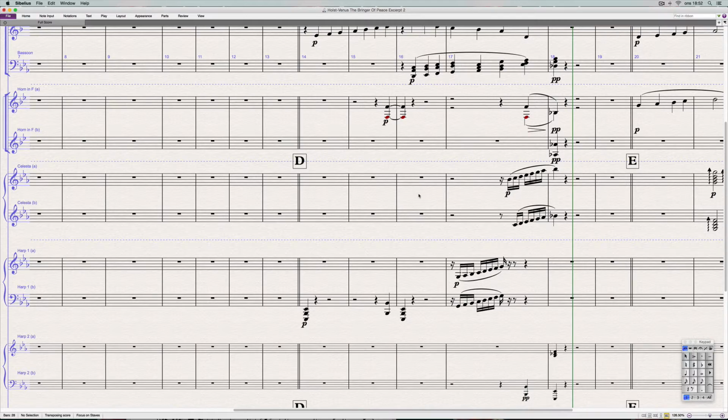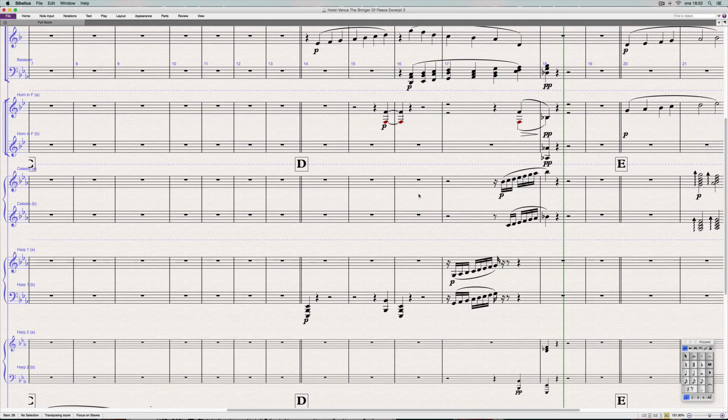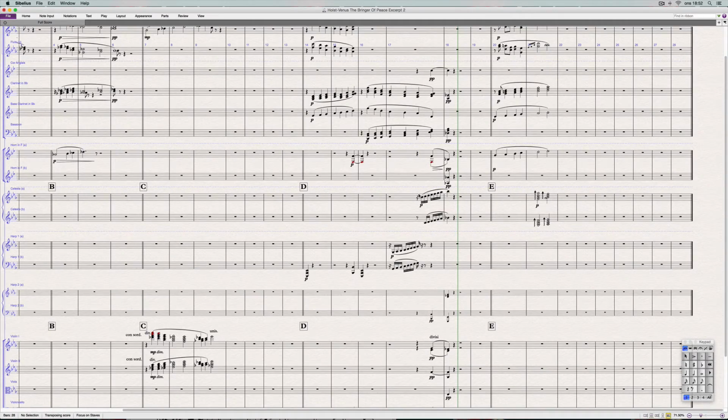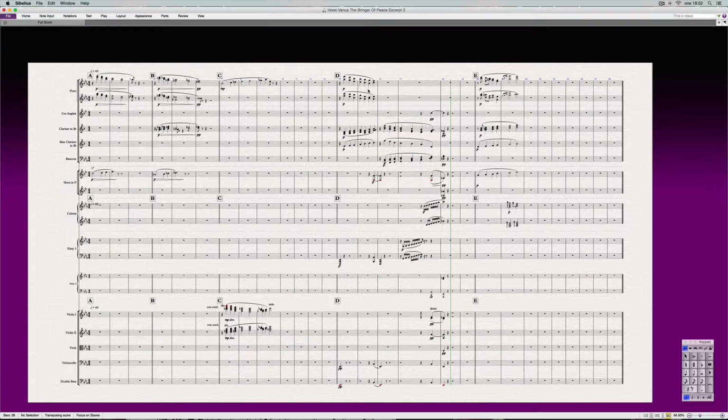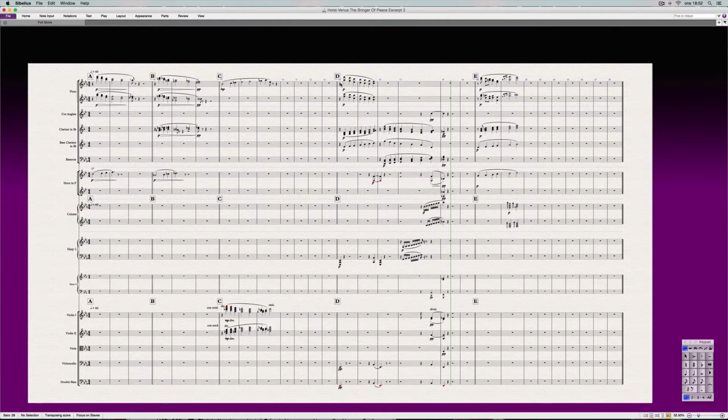Okay, so let's see. I think we're gonna zoom out here and listen to this thing again before we look at my short example.